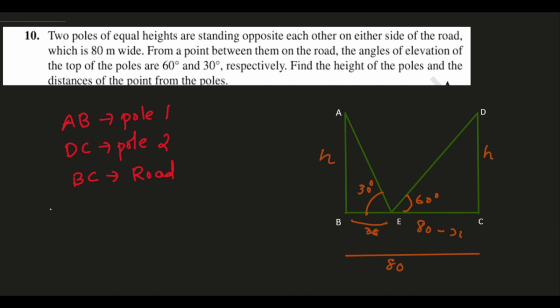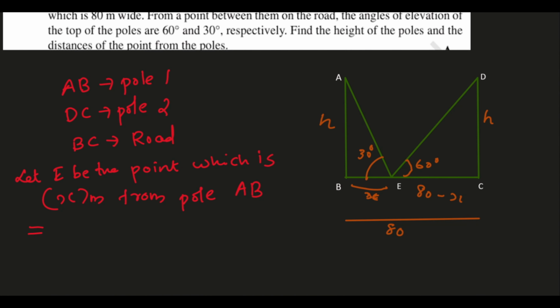And E be the point which is x meter from pole AB. Let E be the point which is x meter from pole AB.